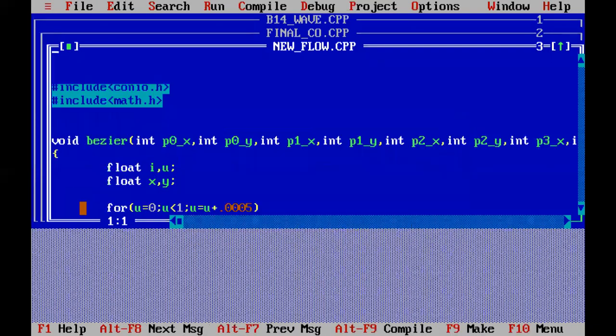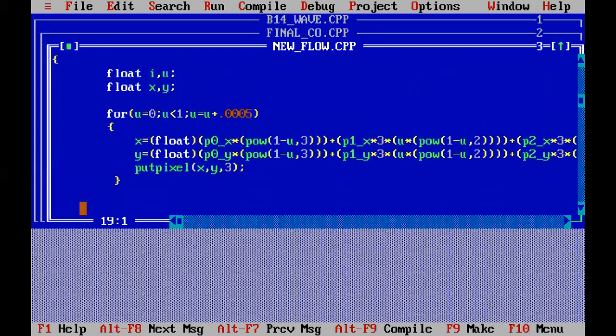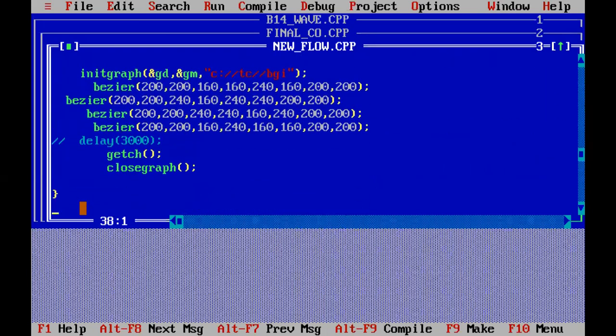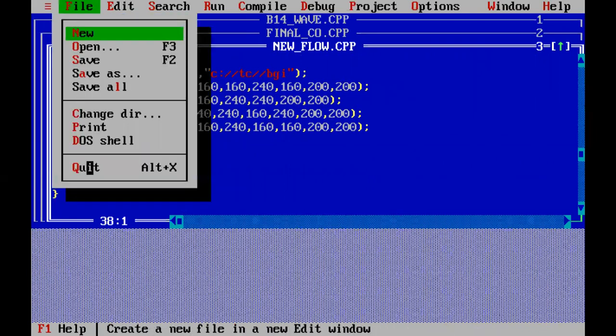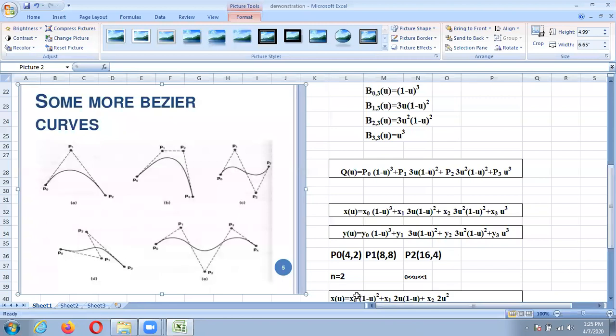So we are considering that the control points for all petals are 200, 200, first and last control point. That is P0x, P0y, and P3x and P3y. For all petals, we are considering the same, that is 200, 200. And our Bezier function is the same, whatever we have written for the sine wave is the same over here, and that is your flower. So that's all for Bezier curve.